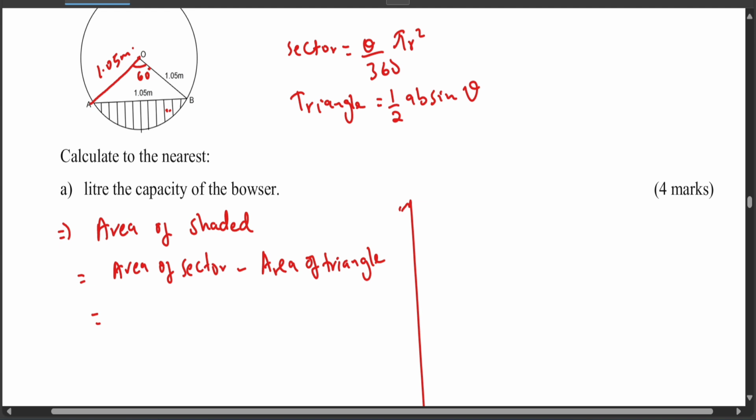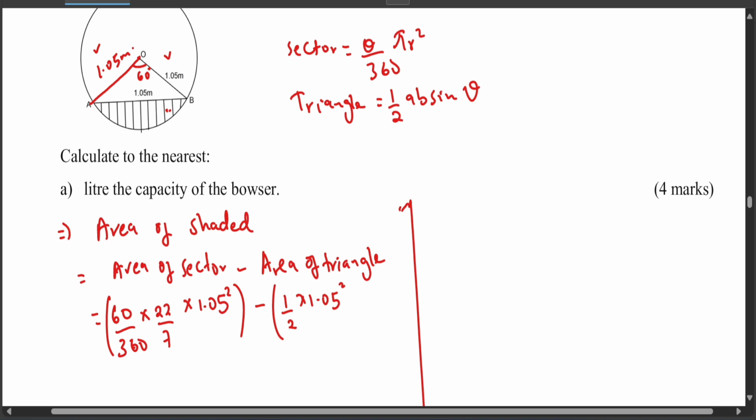So area of the sector, theta is 60 over 360 multiplied by 22 over 7 times r, which is 1.05 squared. Then you subtract the area of the triangle, a half times AB. Our AB is 1.05 times 1.05, so it's just 1.05 squared multiplied by sine 60.